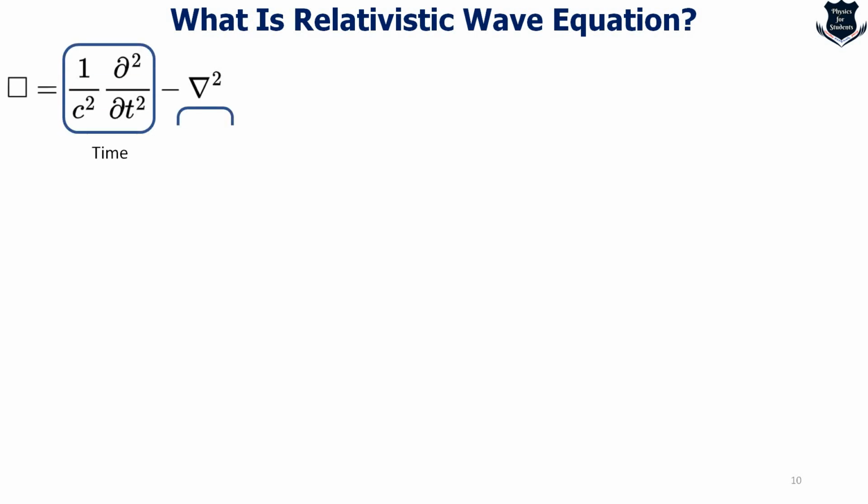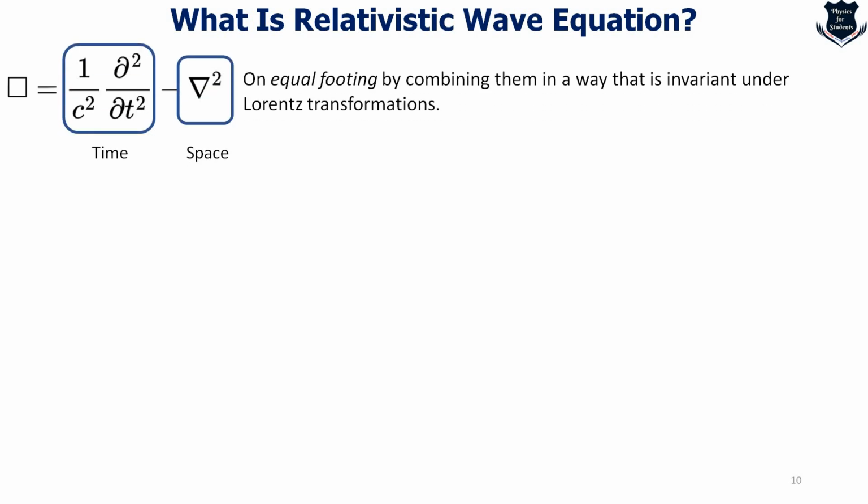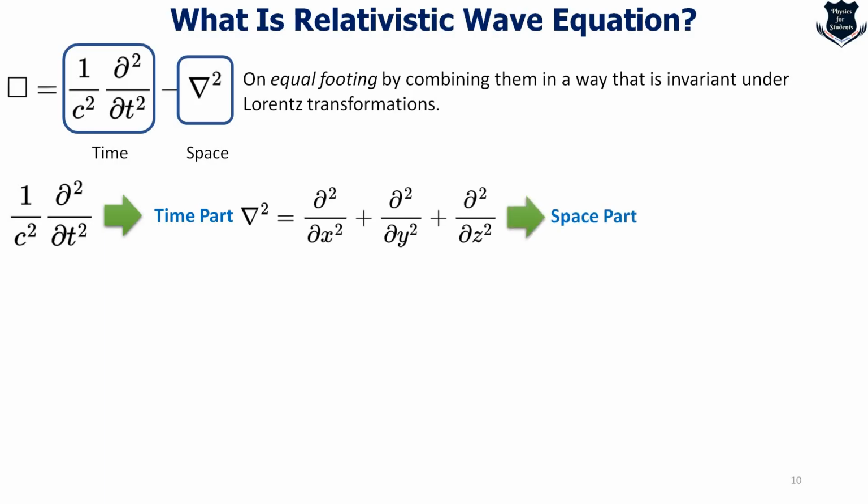And now we will see this D'Alembertian operator. You can see here this is the time part, this is the space part. So now we have got equal footing by combining them in a form which is invariant under Lorentz transformation. What is the benefit of being invariant under Lorentz transformation? That means it will be the same for all observers. Here, 1 upon c squared times partial squared by partial t squared is the time part, and this one is the space part.